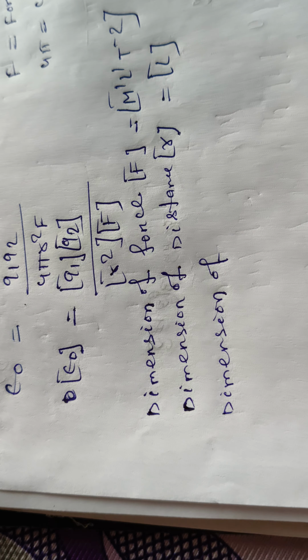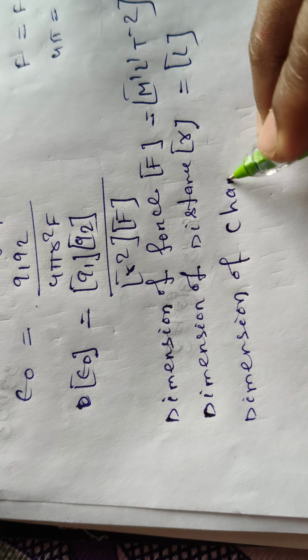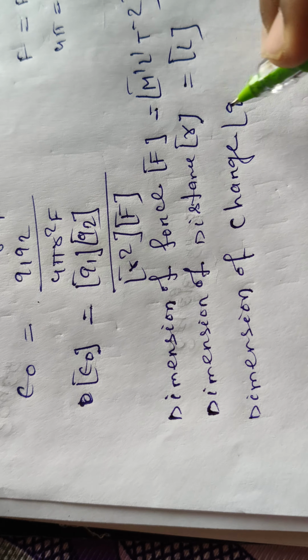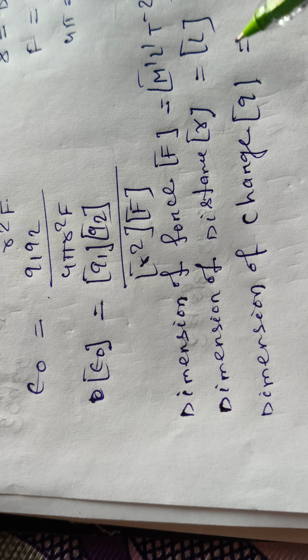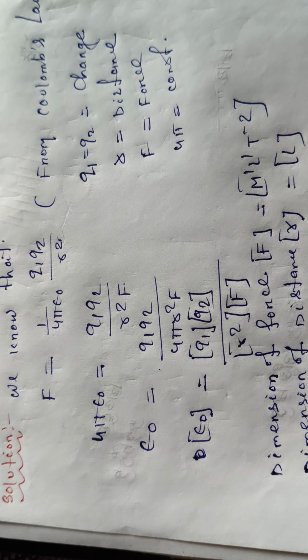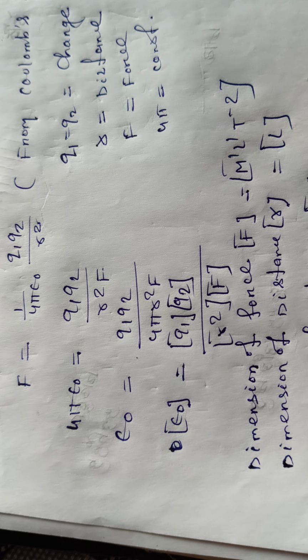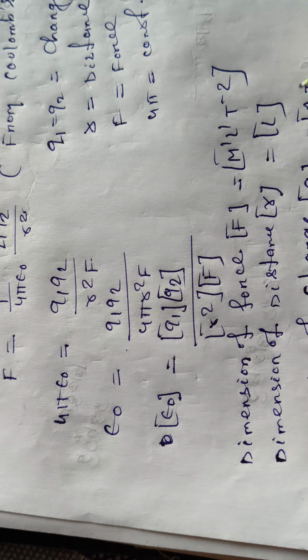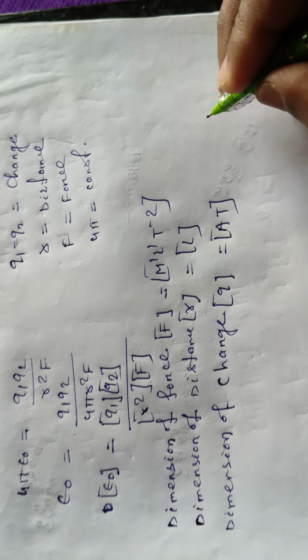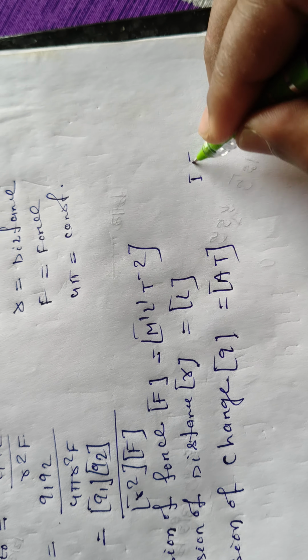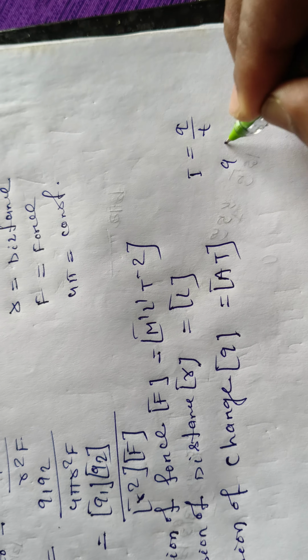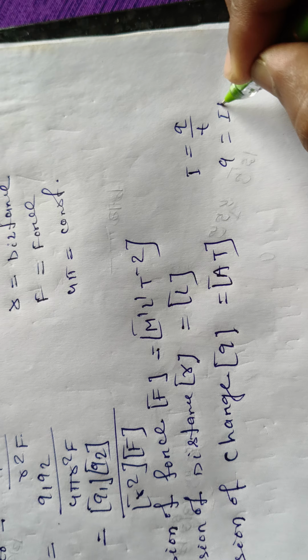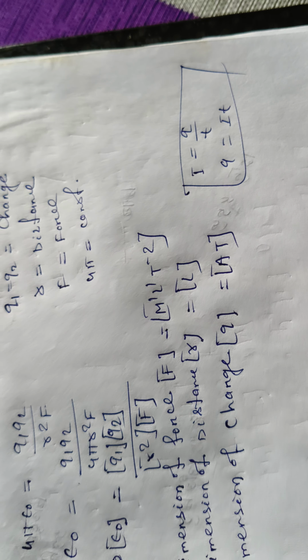Dimension of charge q is a t, because I is equal to q by t, q is equal to I t, using this formula.